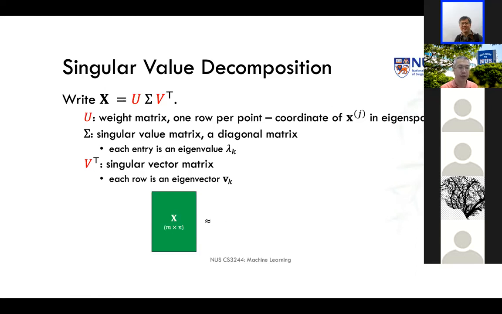So we're just going to write X as a product of three matrices, okay: a weight matrix, a singular vector matrix, the U and V, and then a singular value matrix, right? Here, it is a diagonal matrix, right? So a matrix like this, okay, it's a square matrix, where everything off the diagonal is all zeros, okay, all zeros.